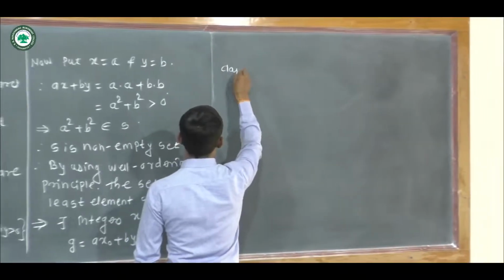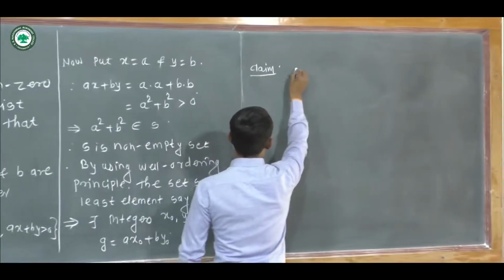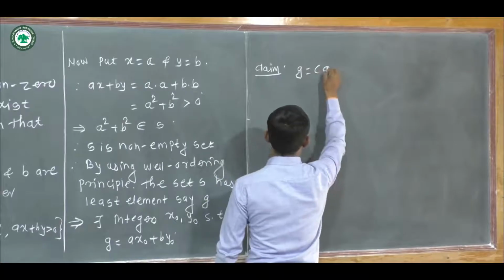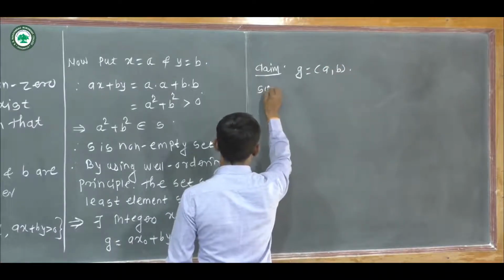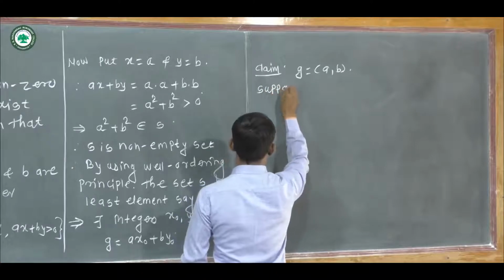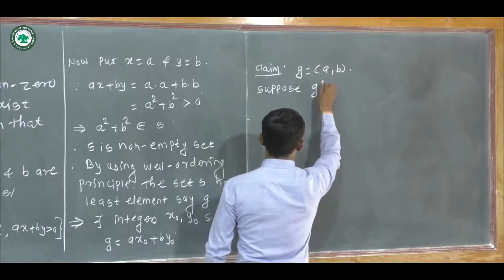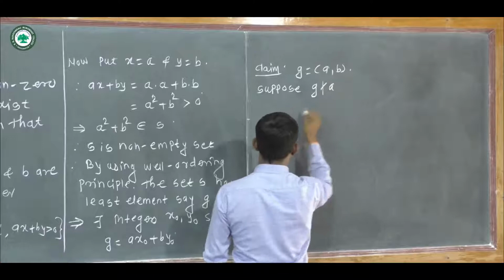Now claim g is equal to GCD of a and b. Now suppose g does not divide a.